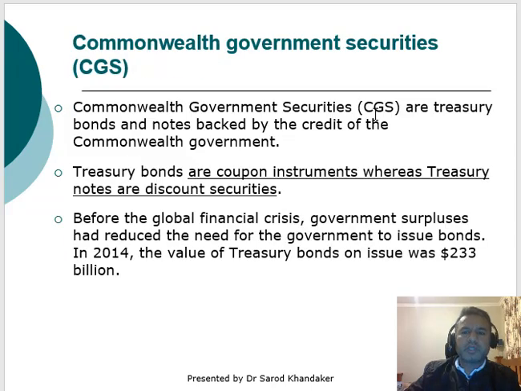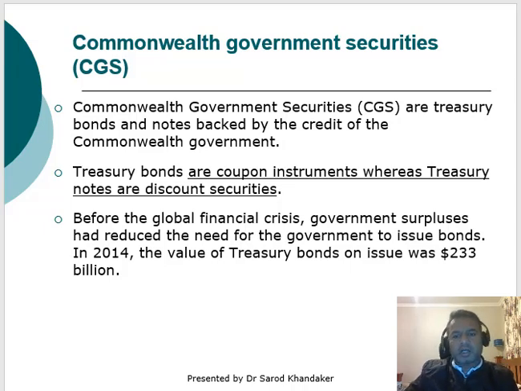When we talk about capital market instruments, the first thing that comes to mind is the Commonwealth government security. Commonwealth government securities are Treasury bonds and notes backed by the credit of the Commonwealth government.